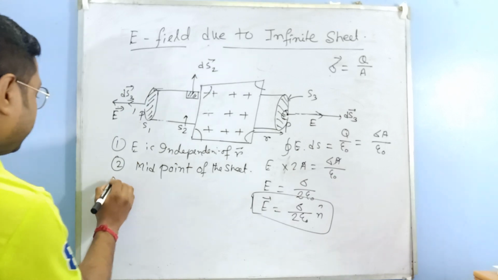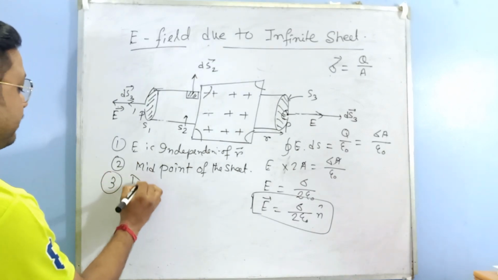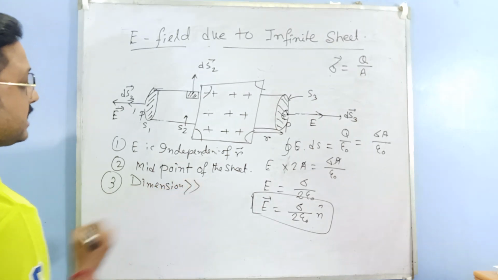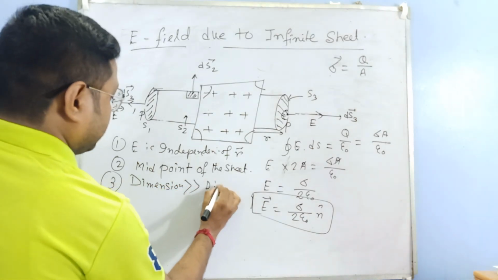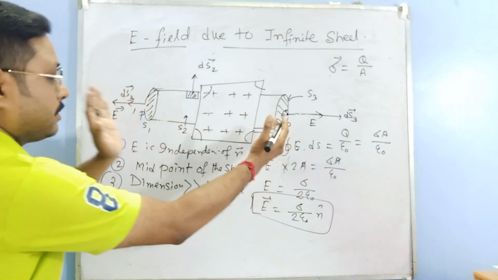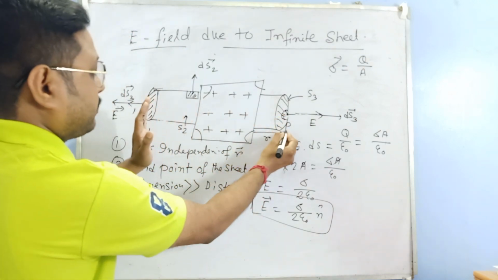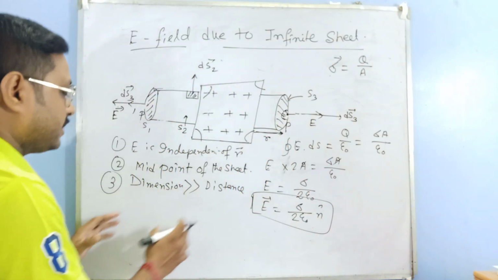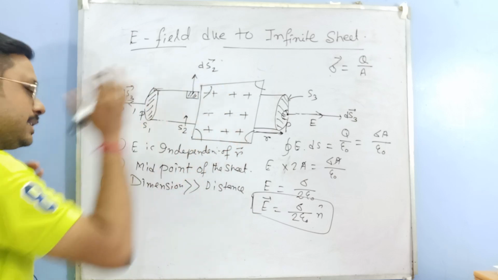And also here the dimension of the sheet must be much greater than the distance. That is, the distance between the sheet and the point P, that is r, is much smaller than the size of the sheet. So it is called an infinite sheet.